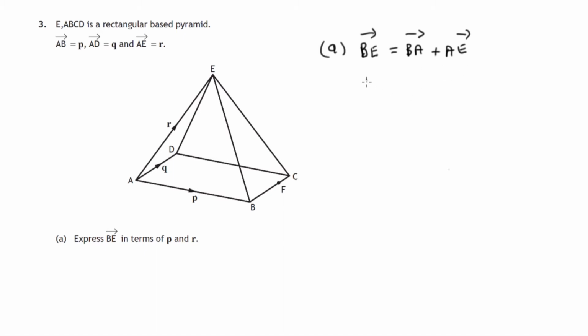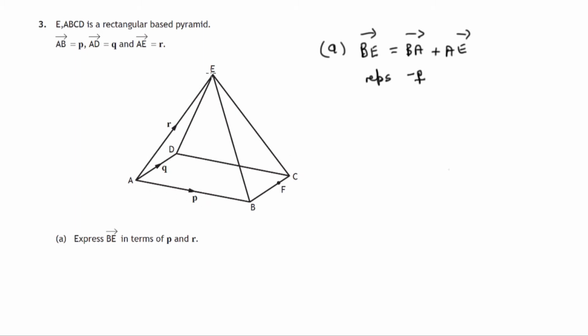BA, that's against the arrow. That means something quite significant. Instead of representing P, going the opposite way will represent negative P. Going against the arrow, so that's negative P for BA.